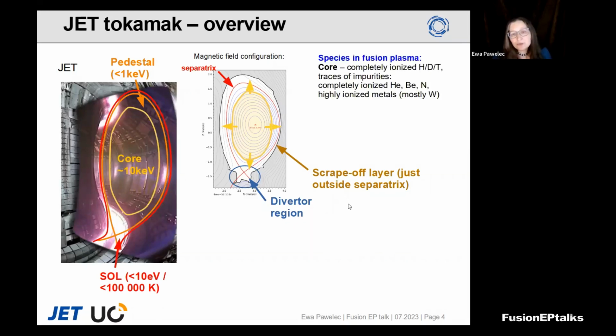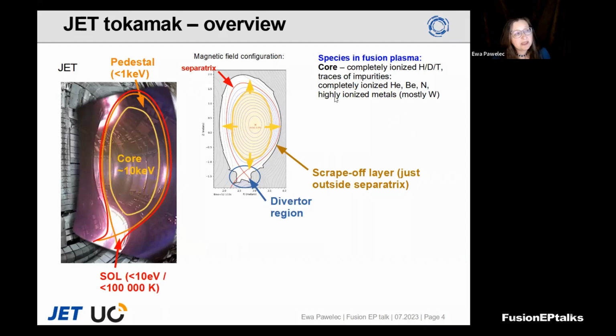So in the core, we have only completely ionized hydrogenic species and traces of impurities, and also completely ionized low mass light impurities. Those are here again like in JET. But of course, in the other machines, we will find carbon, we will find boron, depending on which machine we are talking about.